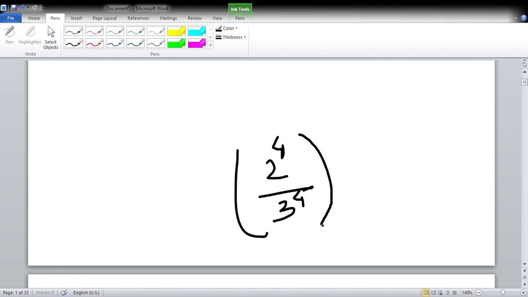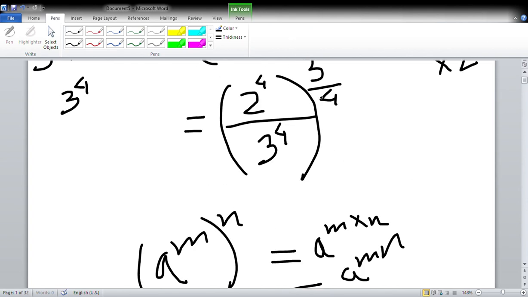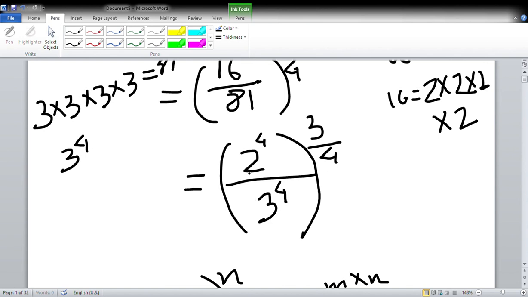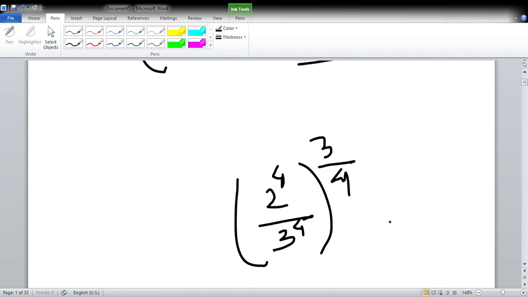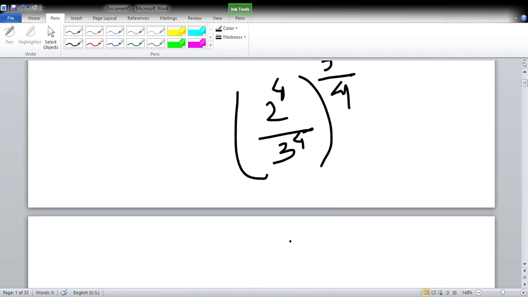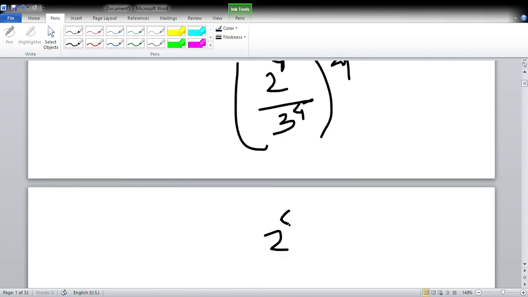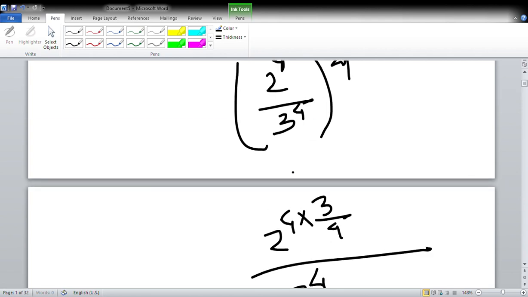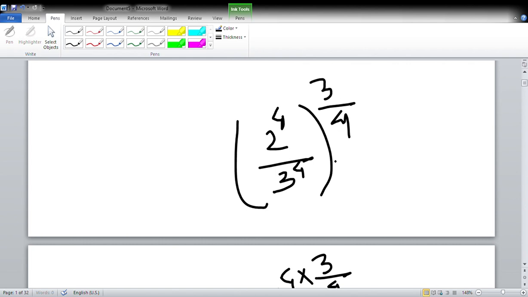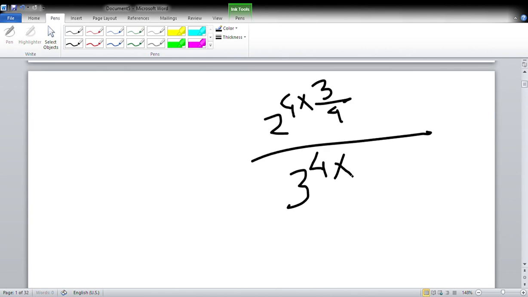So the power on the denominator is 3 to the power 4, to the power 3 by 4. That means we can make a multiplication of powers. So we have 2 to the power 4 multiplied by 3 by 4 in the numerator, and in the denominator 3 to the power 4 multiplied by 3 by 4, right?